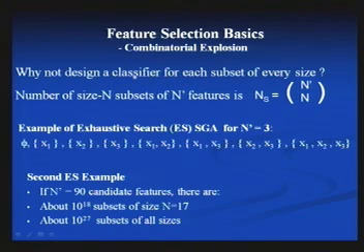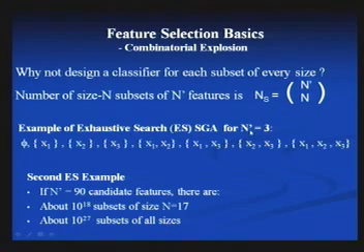Well, one might question why you need feature selection. Why not just take your input columns from your data file, and look at every possible combination? Just design a system for every possible combination of your inputs. The problem there is that if you started off with a large number of features, n prime, to begin with, and you were looking at a subset of size n, then the binomial coefficient here would be the number of possible subsets of size n.